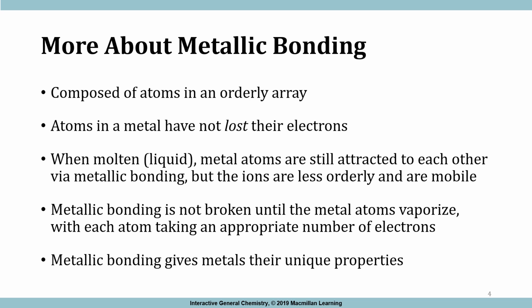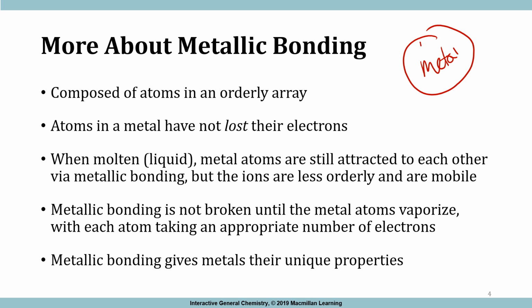Some more information about metallic bonding. These are composed of atoms in a very orderly array. So just think of having a structure of a metal by itself. The atoms in the metal have not lost their electrons. They're still there, but they're just acting as the anions in the metal.